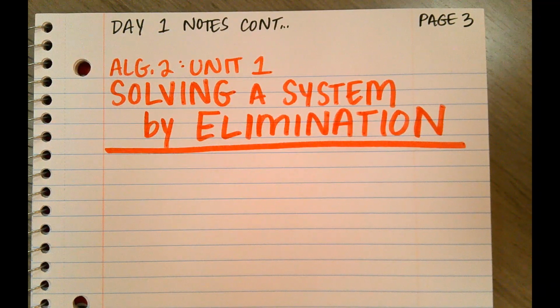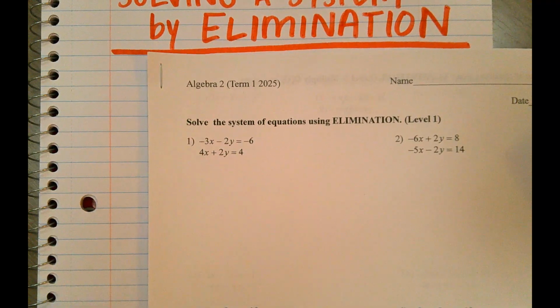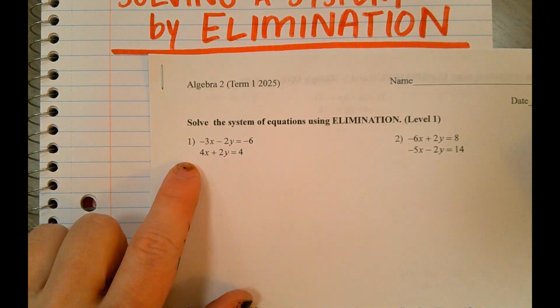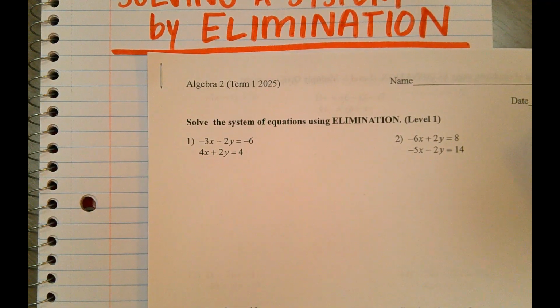Let's look now at that worksheet I gave you. Look at number 1. For number 1, my first problem says negative 3x minus 2y equals negative 6. And then 4x plus 2y equals 4.